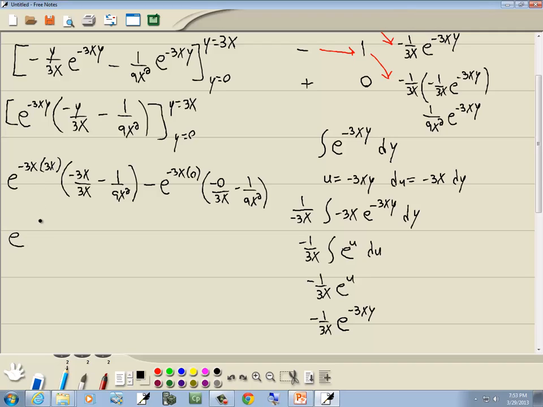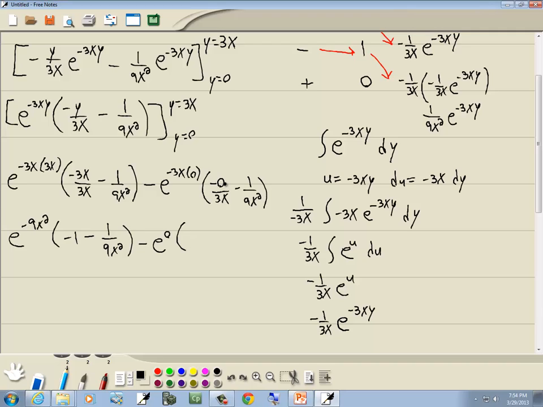Negative 3x times 3x gives us negative 9x squared. These 3's cancel, this x cancels, so that gives us negative 1 minus 1 over 9x squared. Negative 3x times 0 is 0, so this is minus e to the 0.